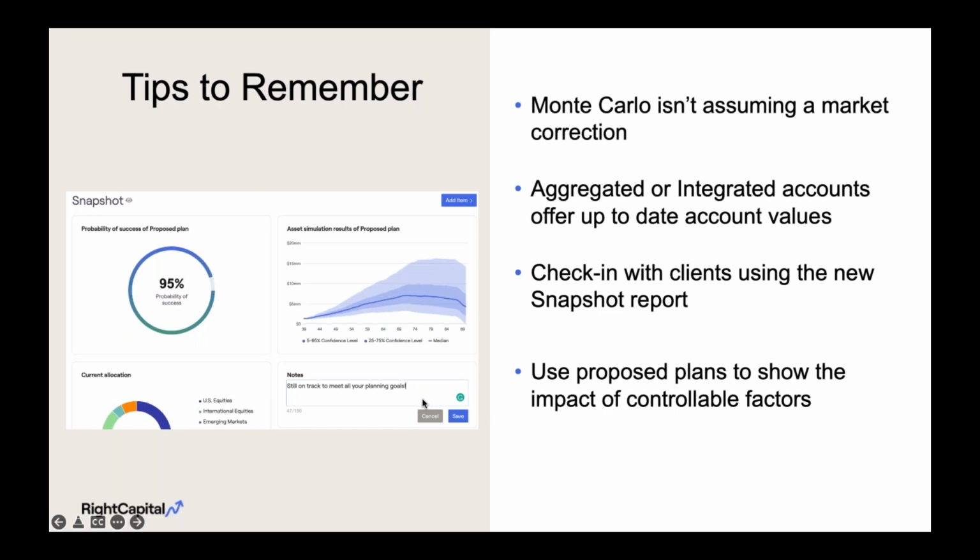And again, maybe take control of some of those additional factors, like how much can we make this year, or how much can we afford to spend, or how much are we investing?